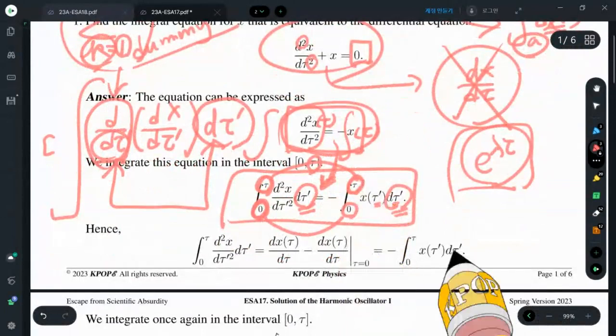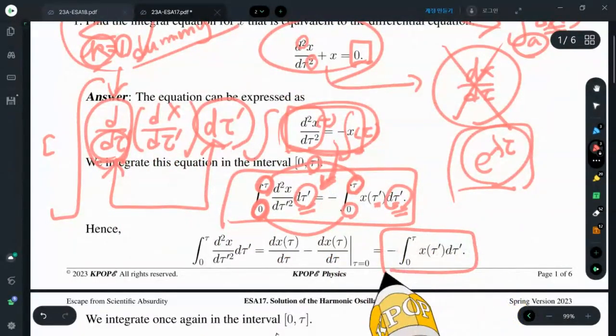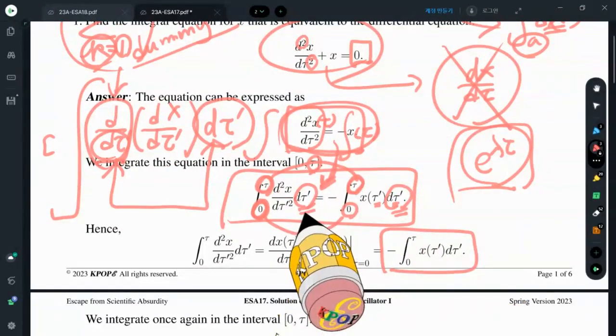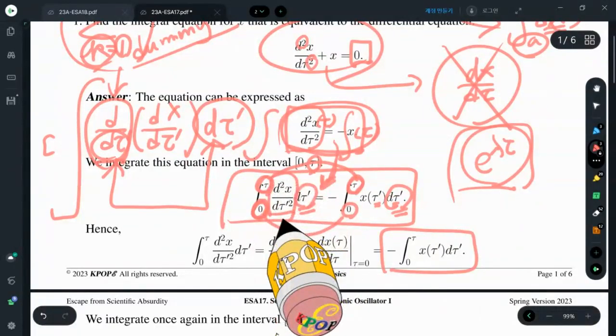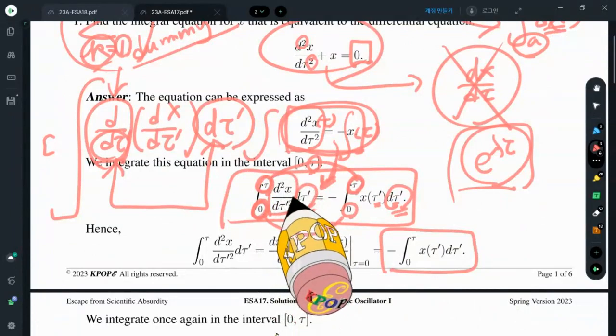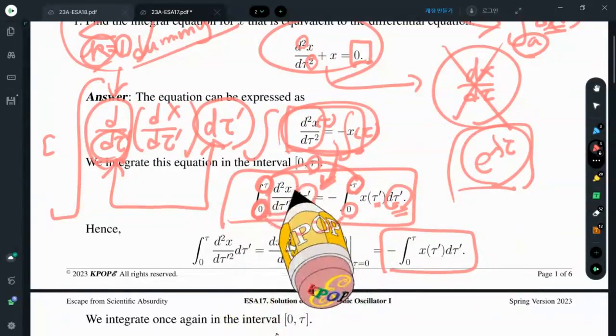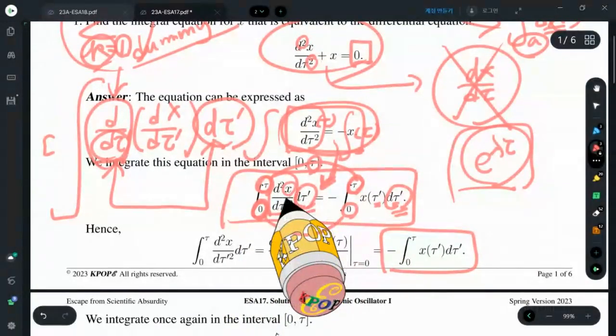After integration, I have the integral, but the left-hand side is trivially obtained because it is expressed as a derivative. If you know the derivative, then the integral is the primitive function.